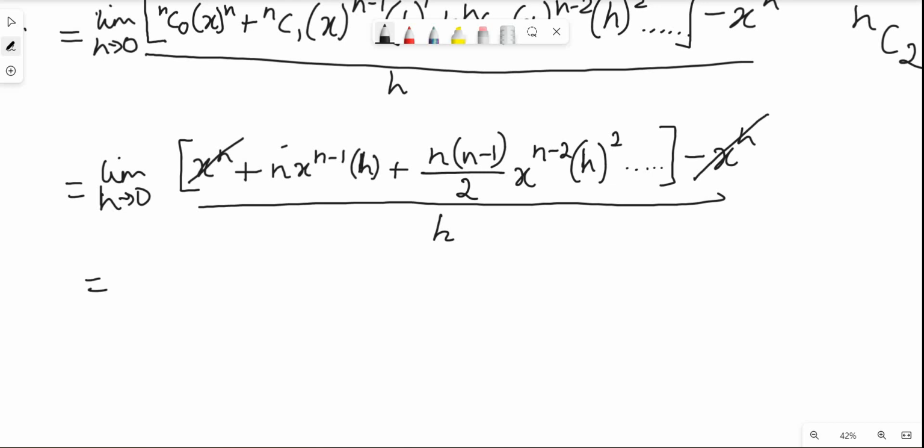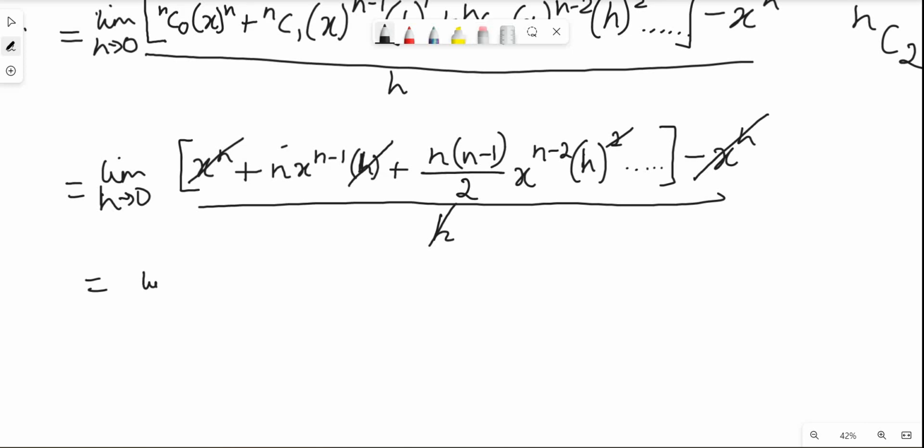And now we have the limit as, oh, actually, we can also cancel out the h's. So we have h cancel here, and h squared cancels with this h, and so on. So now what we have is, let me erase the limit.